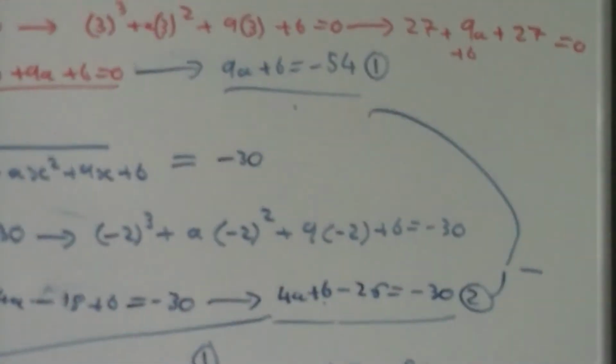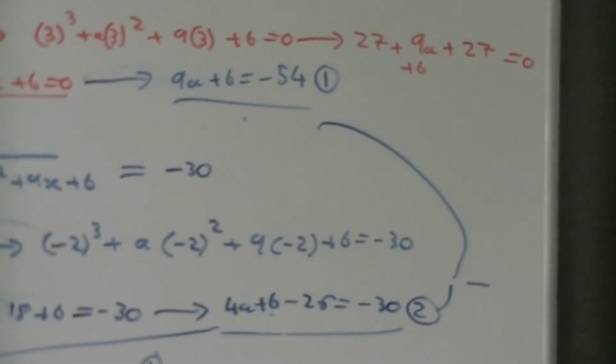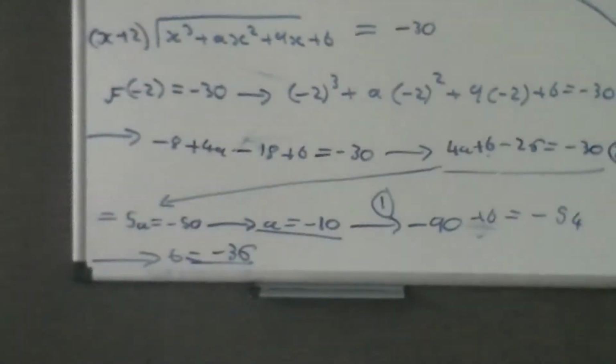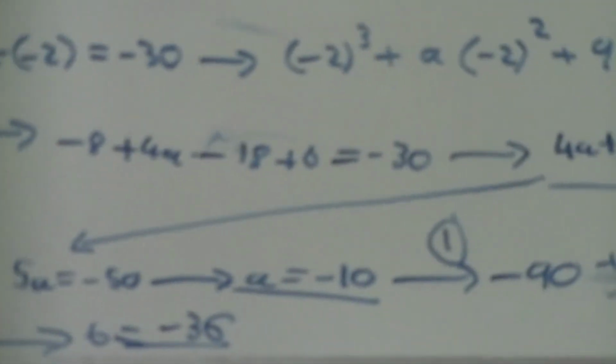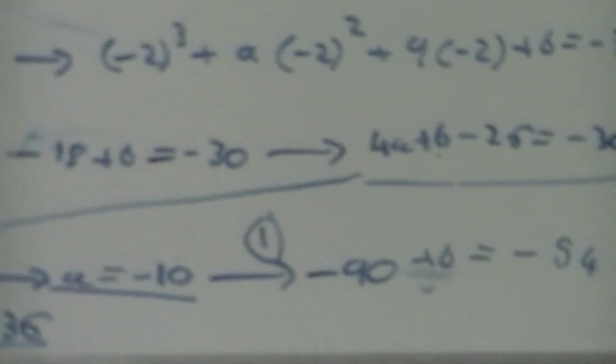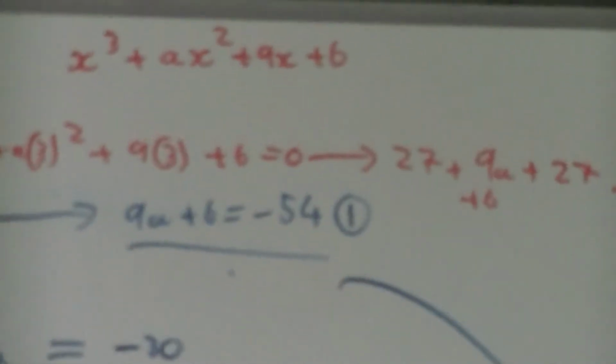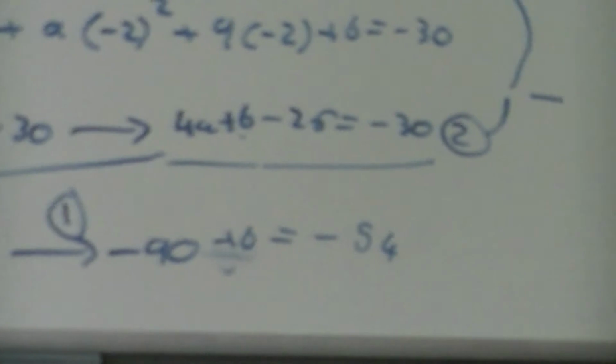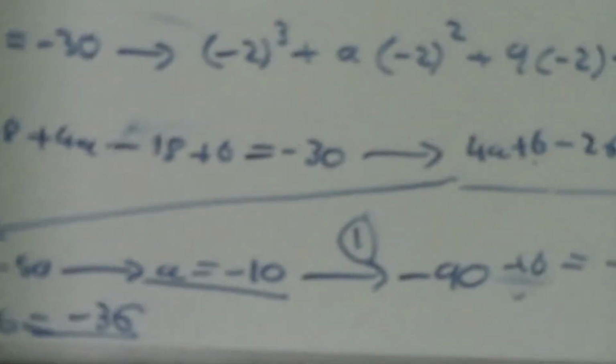We take equation 2 away from equation 1, or the other way around, and it still gets us 5a equals minus 50. Divide both sides by 5, a equals minus 10. Put that into the first equation: equation 1 was 9a plus b equals minus 54, 9 times minus 10 is minus 90, so minus 90 plus b equals minus 54, and then we can substitute that in to get b equal to minus 36.